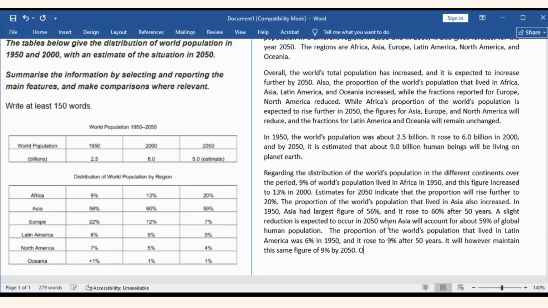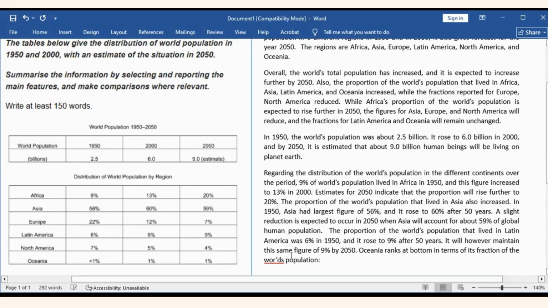Oceania ranks at the bottom in terms of its fraction of the world's total population.